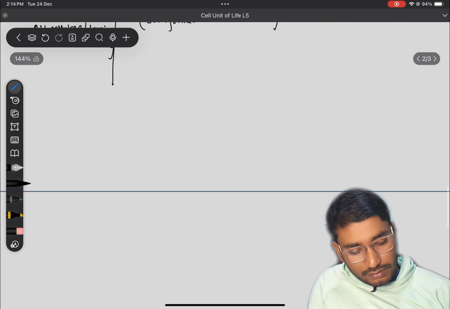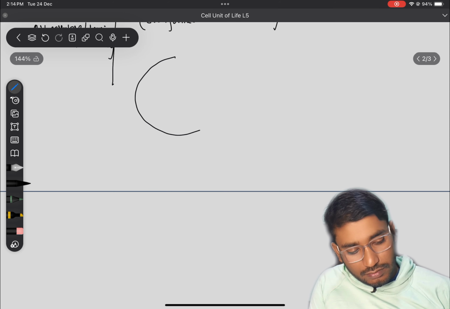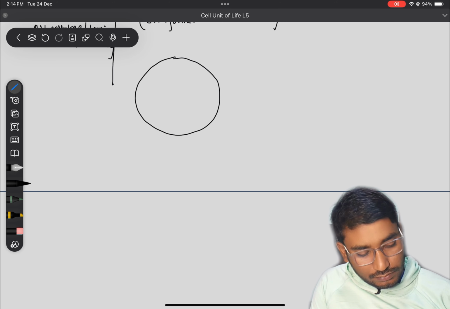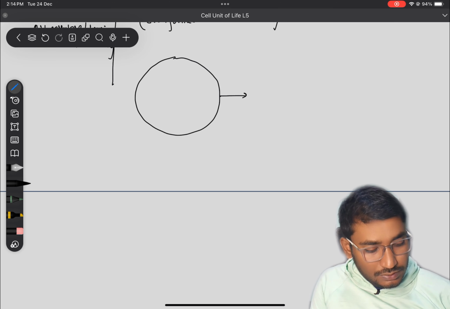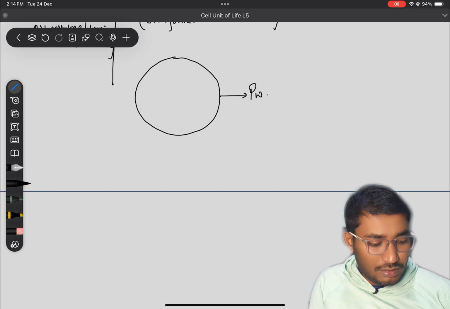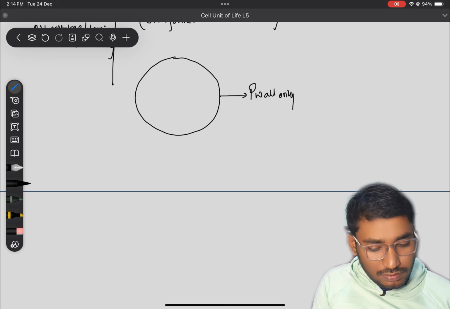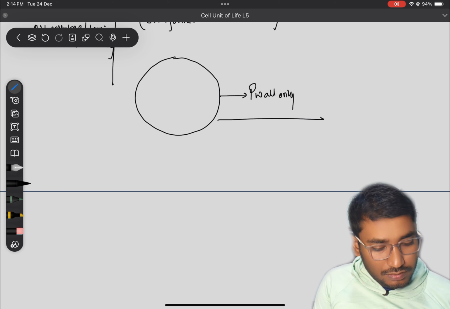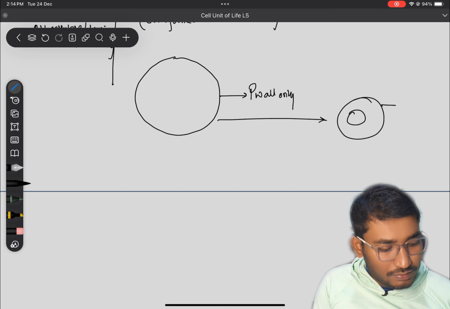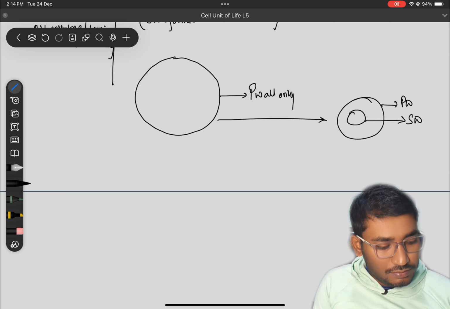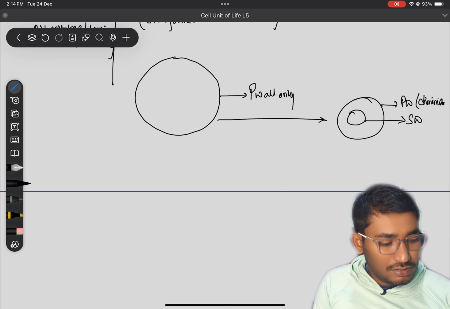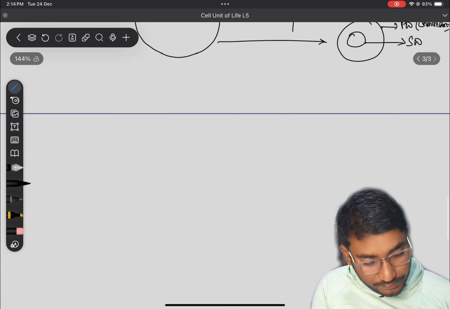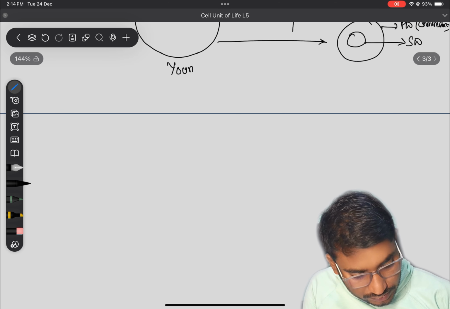Okay, so in the primary wall only stage, then primary wall and secondary wall, the PW is diminished. Okay, this is the young cell wall.